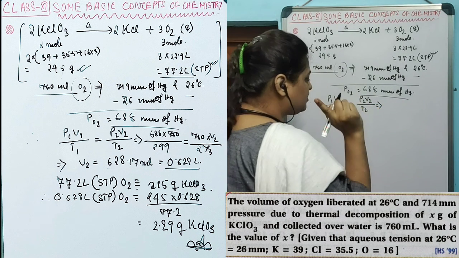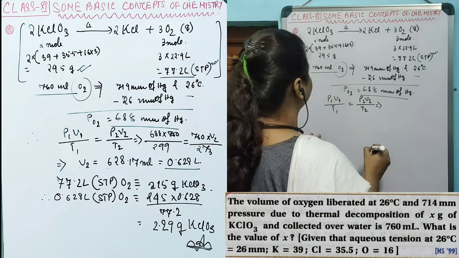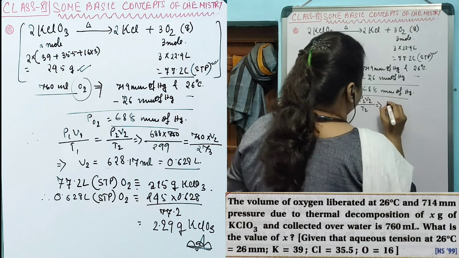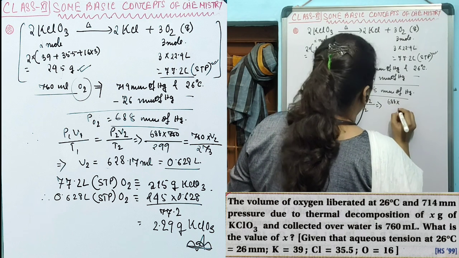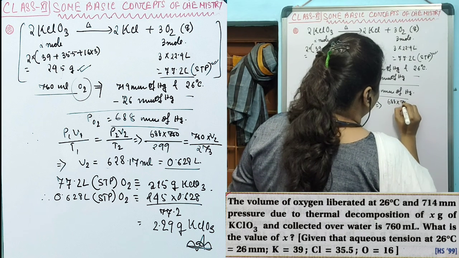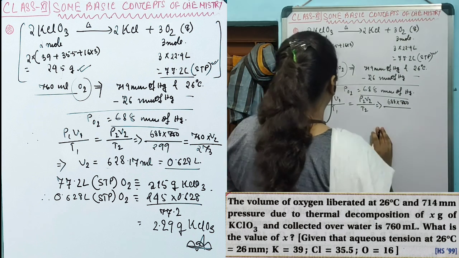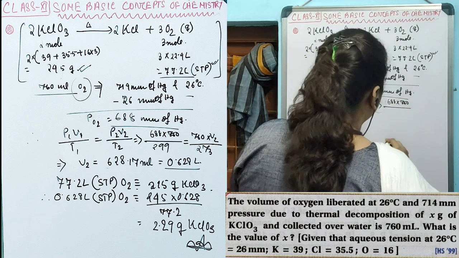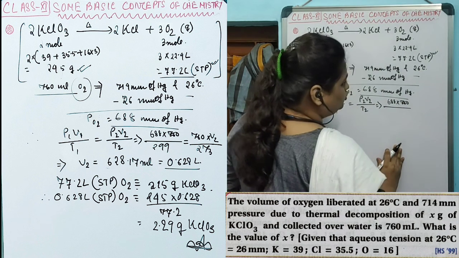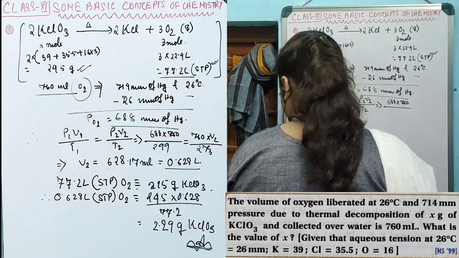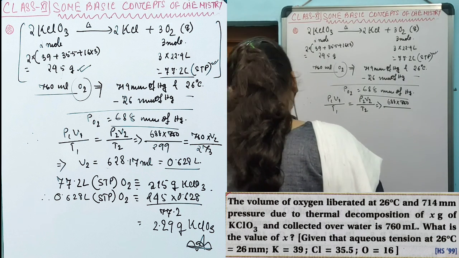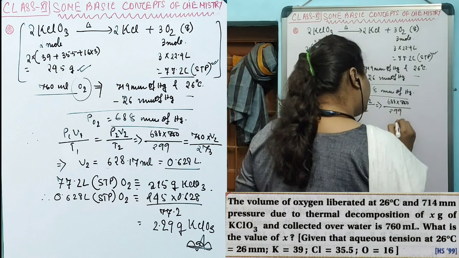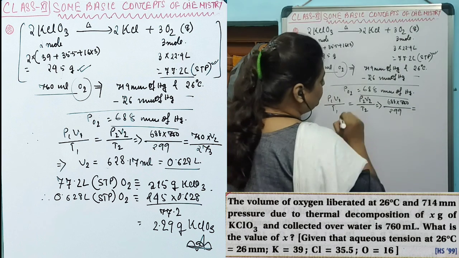By putting the corresponding values in their places, we get 714 multiplied by 760 ml of O2 divided by 273 plus 26, that is 299 Kelvin, equals P2 V2 by T2.